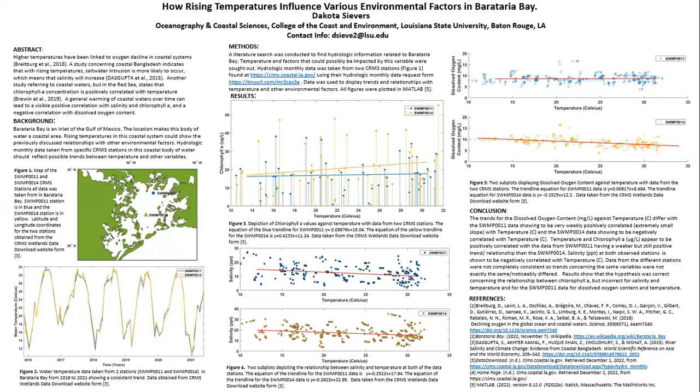However, the relationship between chlorophyll A concentration and higher temperatures did turn out to be positively correlated as predicted. And just to reiterate, all the data used to plot these figures was taken from the CRMS Wetlands Data Download Request Form. The station locations were also found at this website.